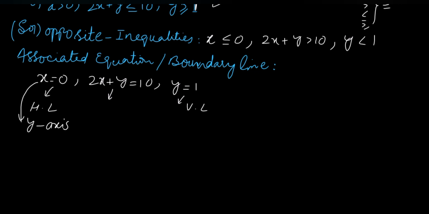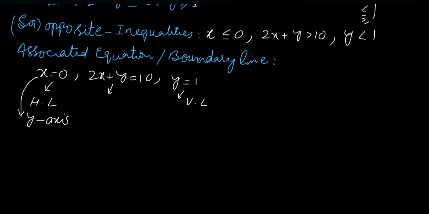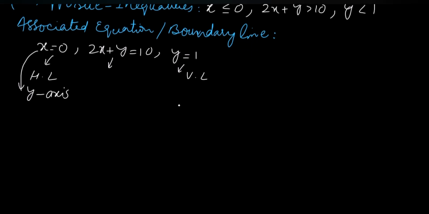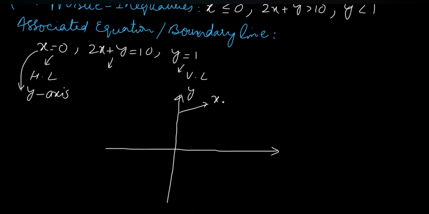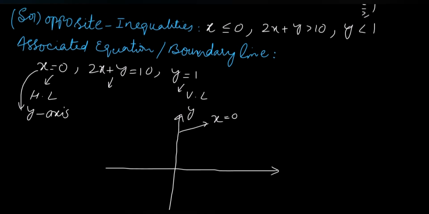So firstly we draw the x-axis and y-axis here. Suppose this is your y-axis that represents the equation x is equal to 0. Now what is the opposite inequality here?